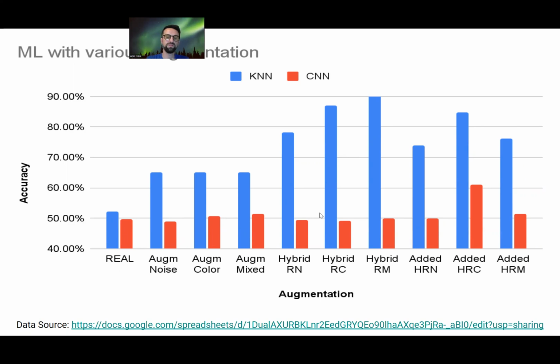From these results to conclude, especially that I see the highest accuracy on hybrid augmentation plus real, I would argue that it's very important to provide diversity and quite a lot of information in the image you provide to the machine learning.